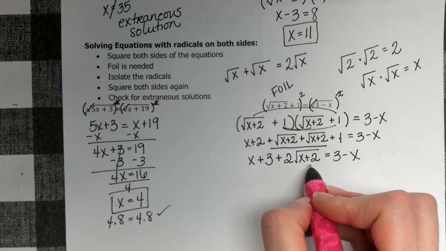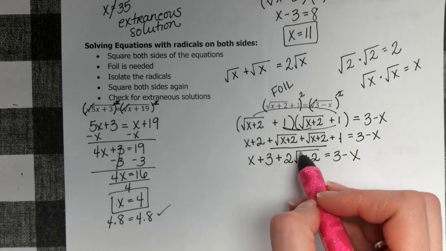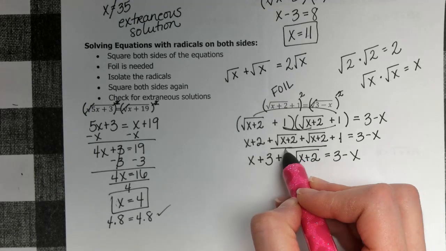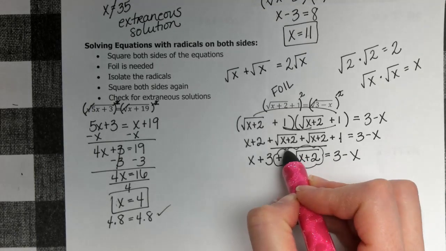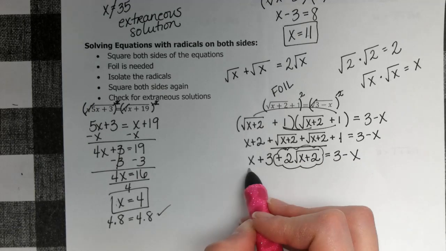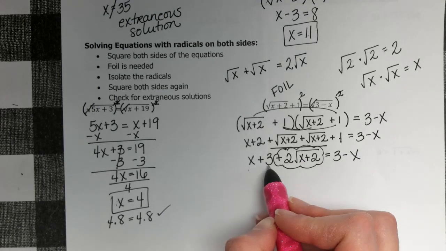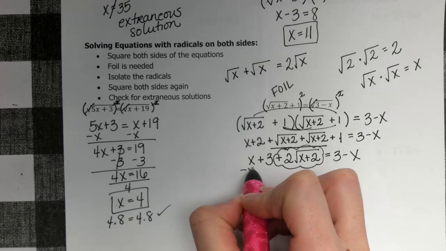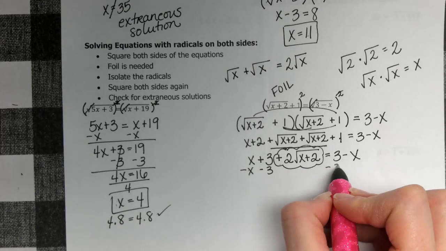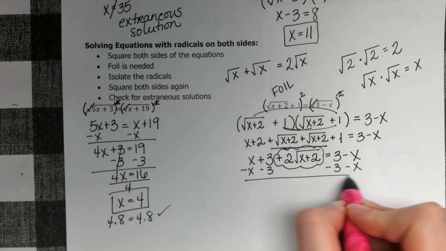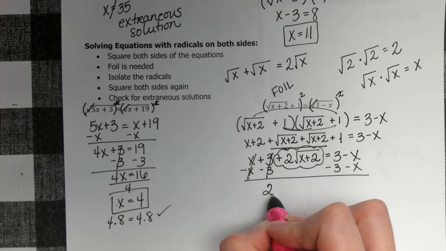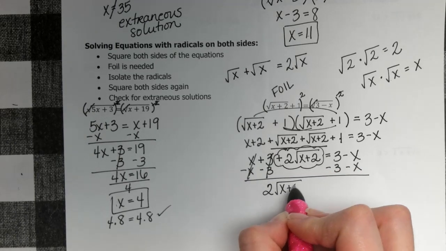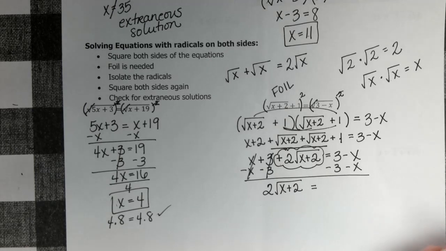All right, so now I'm back to needing to isolate this radical. If I need to isolate that term, what do I do with this x and this 3? I'm going to move them, so I'm going to subtract x and subtract 3. That leaves me with 2 square root of x plus 2. 3 minus 3 cancels.